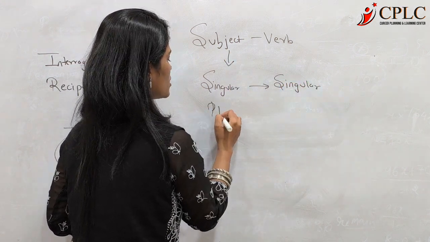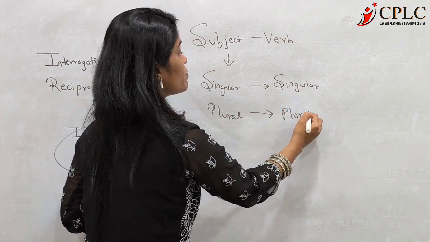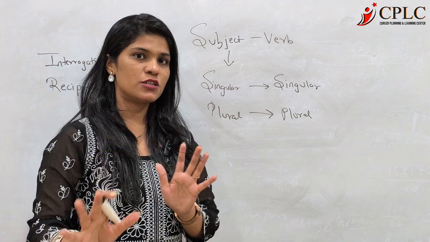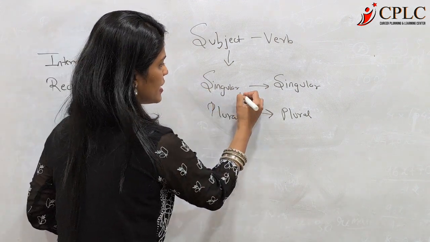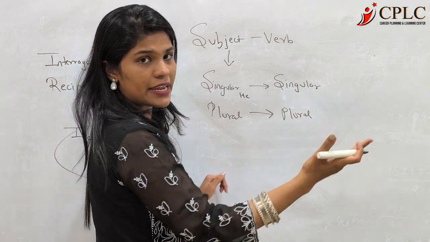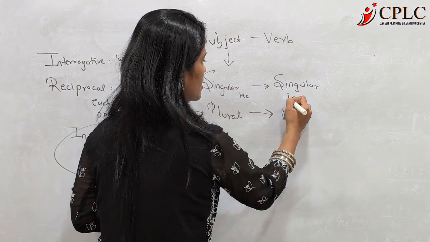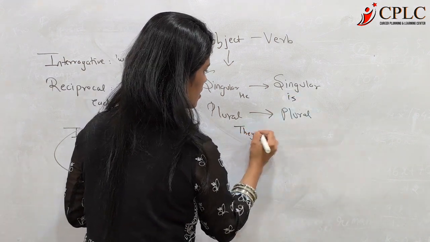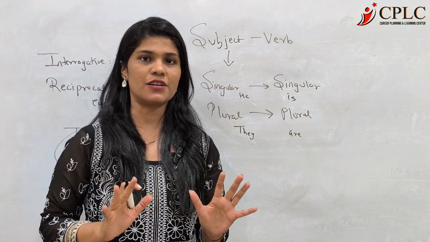And if your subject is plural, your verb will also be plural. ठीक है? इसको हम quickly revise करते हैं. If I say he, तो यहाँ पे R बोलोगे क्या? He is studying. He are studying or he is studying? He is studying. And they are studying. ये यहाँ तक सब बहुत ही सिंपल सिंपल चल रहा है.